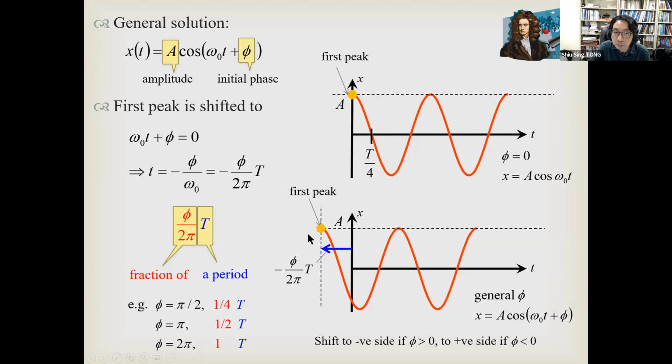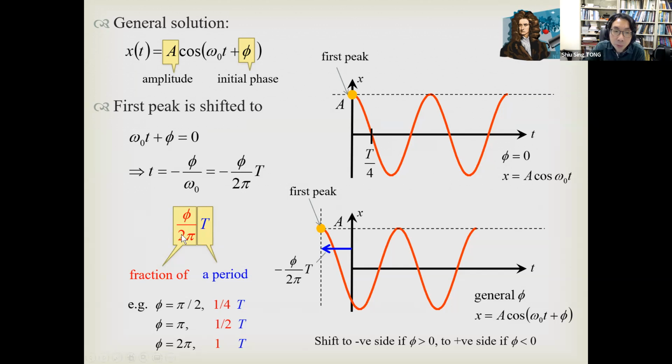Now let's take a closer look at this. It's quite interesting: phi over 2 pi multiplied by T, the period. Now, I know from our elementary understanding of trigonometric functions that 2 pi is a complete cycle of the cosine function, right? Whenever you change the argument of a cosine by 2 pi, it just goes back to its initial value.